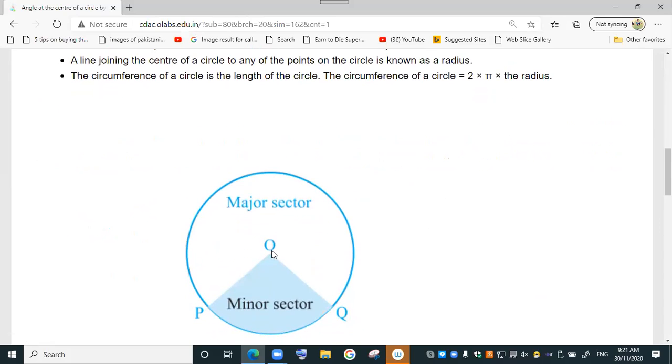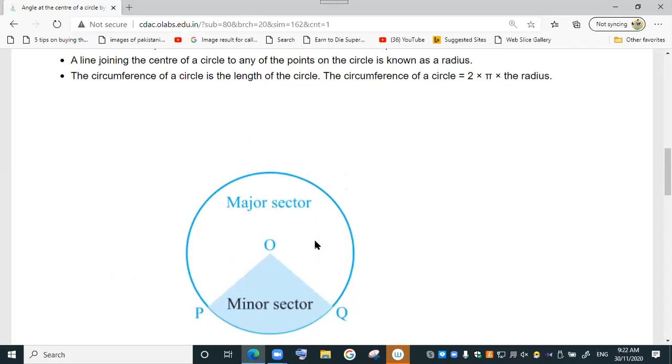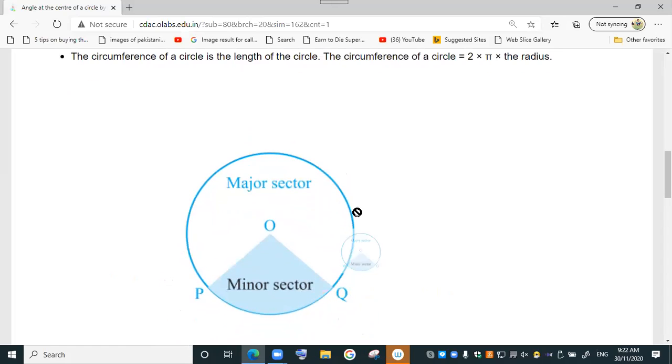This is the fixed point A. From this fixed point, all the points which are at a fixed distance will make a circle.